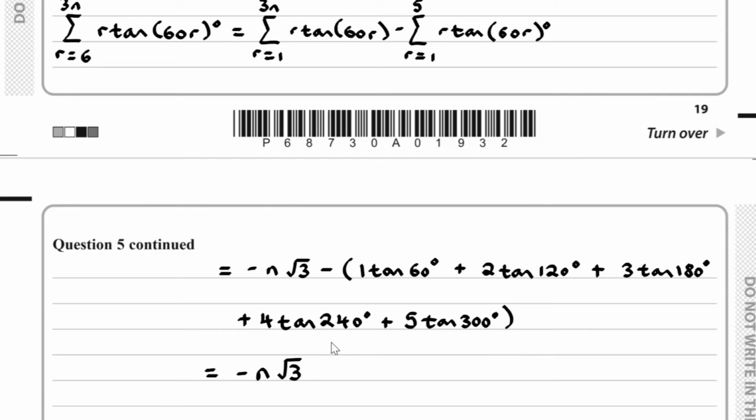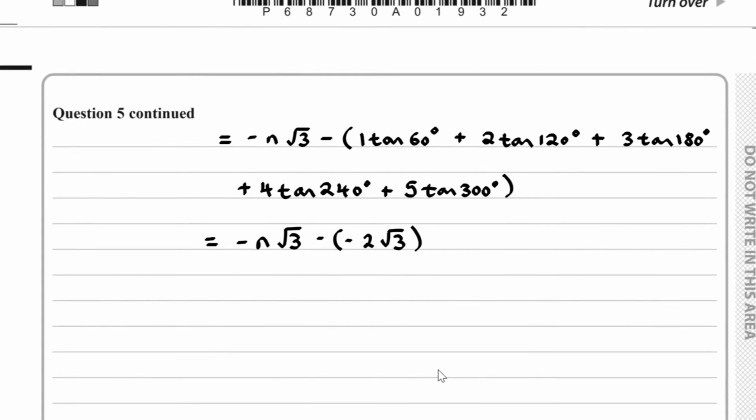So I've got minus n root 3 subtract minus 2 root 3, which is the same as minus n times the square root of 3 plus 2 times the square root of 3. And so what do we need to do in this question?